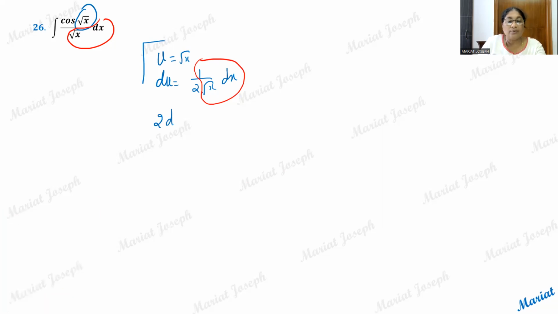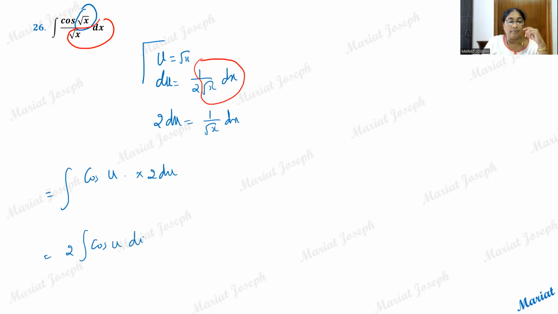So 2 du equal to 1 upon root x dx. So the integration can be rewritten as cos u into 2 du. Keep the 2 outside. 2 into integral of cos u du. Integral of cos u is sin u. 2 into sin u plus c. Therefore, the answer is 2 into sin root x plus c. That's all.